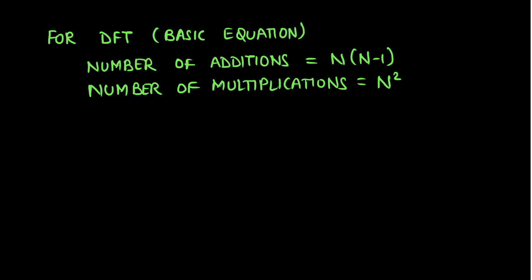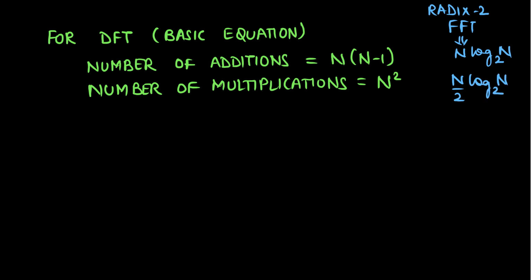And in the case of the FFT, or more specifically radix 2 FFT, that is DIT FFT and DIF FFT, the number of additions we have obtained is N log N to the base 2, and the number of multiplications we have obtained is N by 2 log N to the base 2.